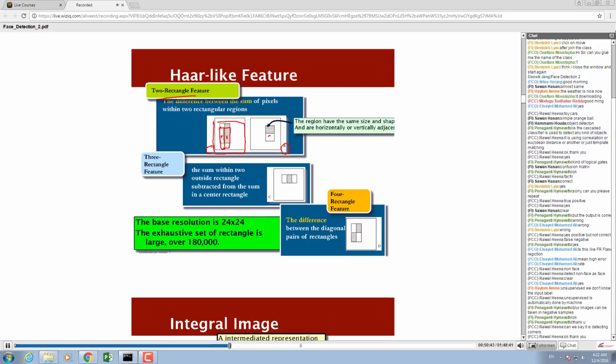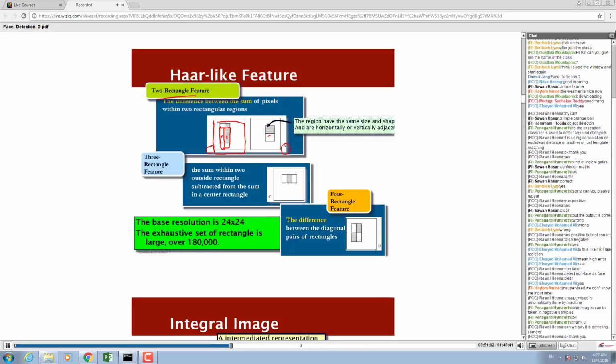You know what an edge is? Everybody understands edges, right, if you know some image processing. Edge points are positions where the brightness changes a lot.